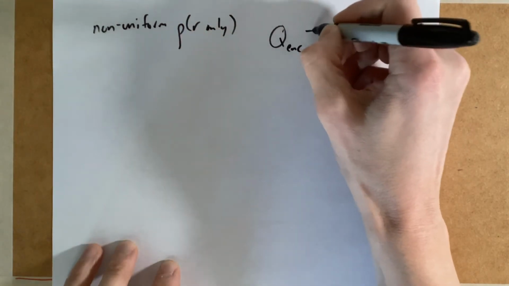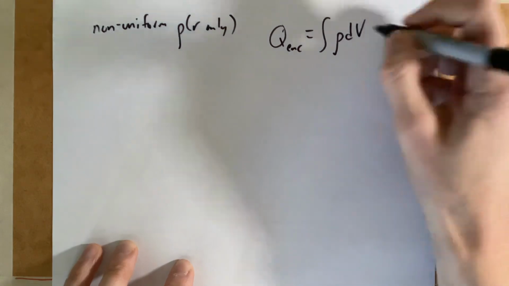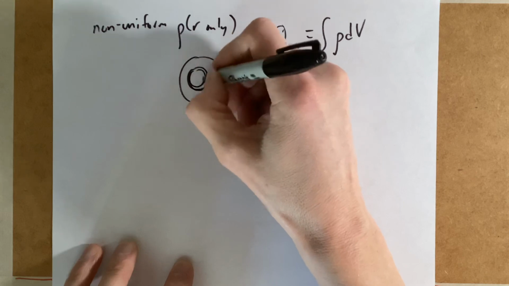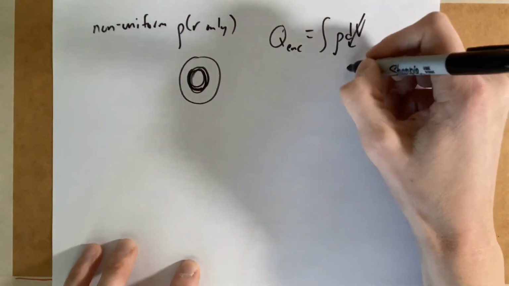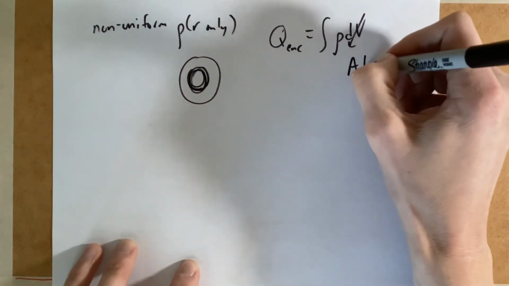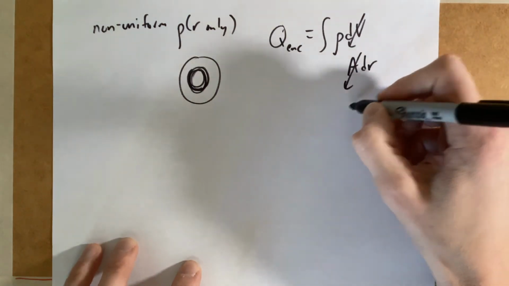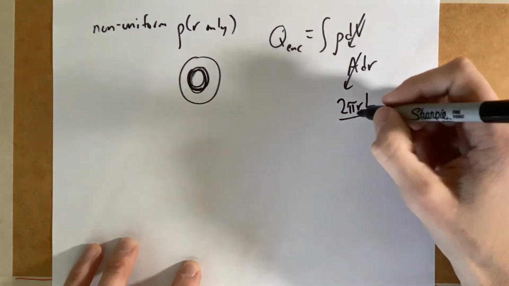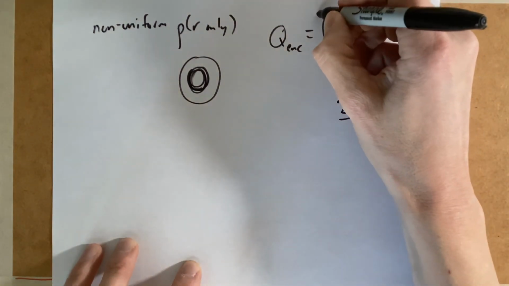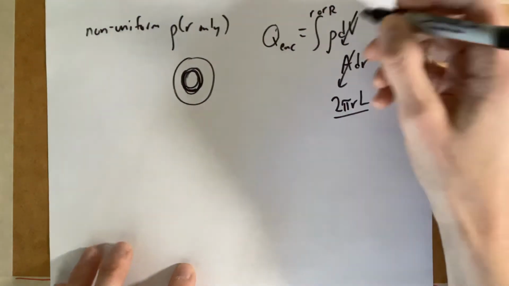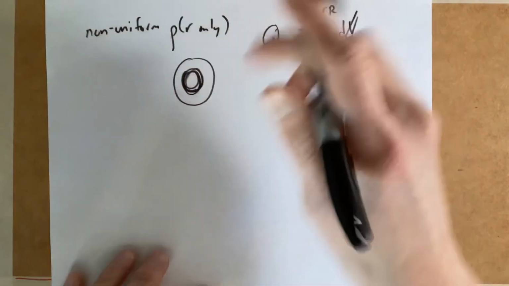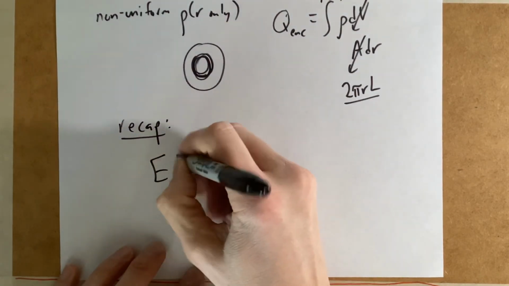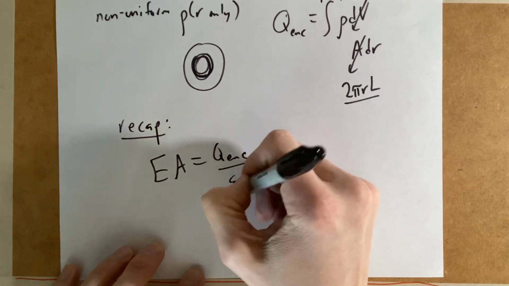Then for Q enclosed, you'd have to do the integral form, and these volumes would be comprised of these sort of shells of area A and thickness dr. And the A that you use here, again, is just the A that is appropriate for this geometry. So in this case, 2 pi rL. And then again, your integration is going to go to little r or big R as needed, based on if you're inside or outside. So the recap for the cylindrical geometry: EA equals Q enclosed over epsilon naught.